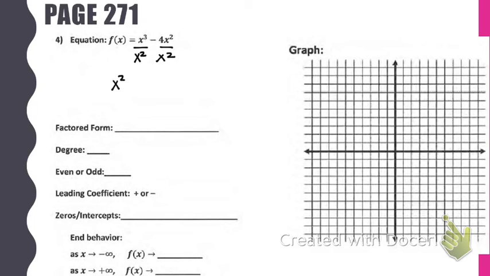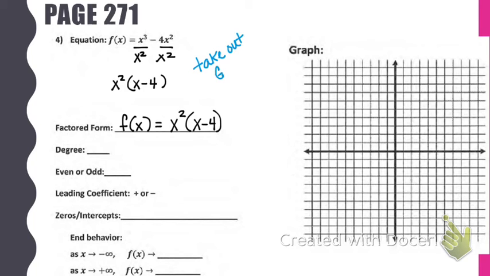So x squared is on the outside, and x minus 4 is left on the inside. So my factored form would be f of x equals x squared times x minus 4. All we can do for this one is take out our greatest common factor.